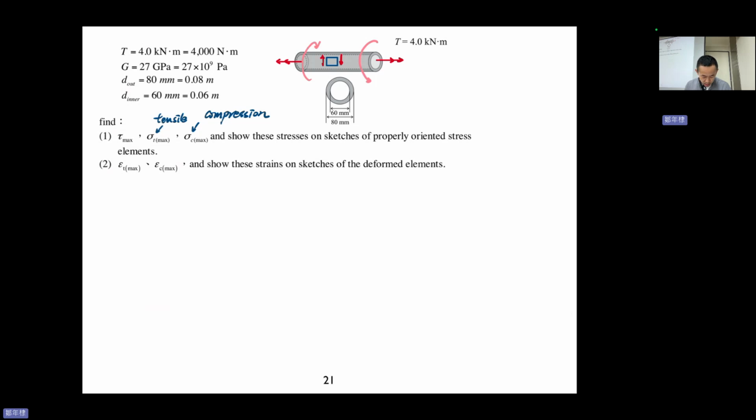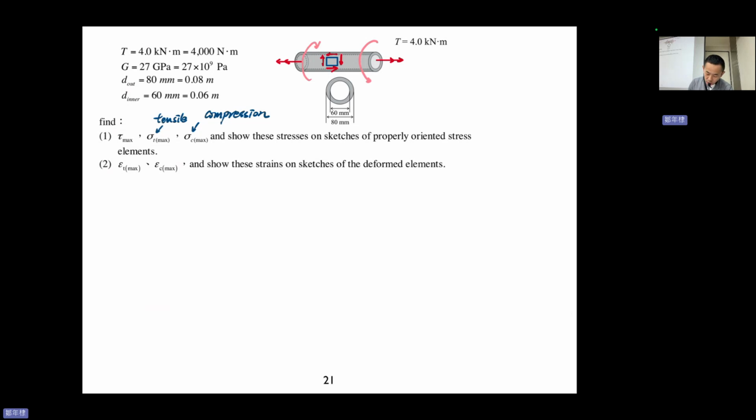And shear comes in pairs. Based on this loading condition, you will know that in the 0-degree orientation it has negative shear, because it's positive x surface and minus y direction. So this is a minus shear element.